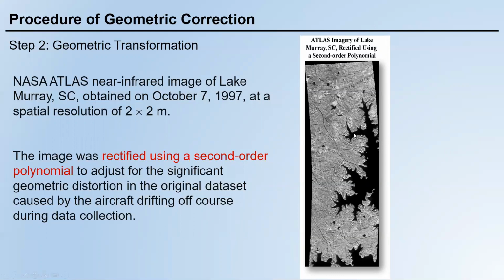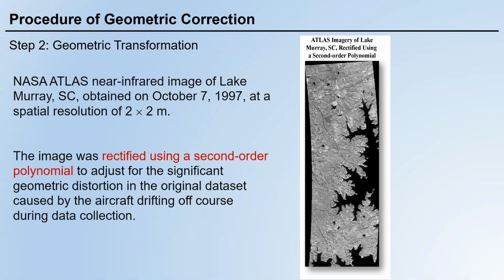So that's the reason why when you rectify an image, before the rectification, the image is a square or a rectangle, and after rectification, it has the shape of a curve. So it's a curved image. The image was rectified using a second order polynomial.